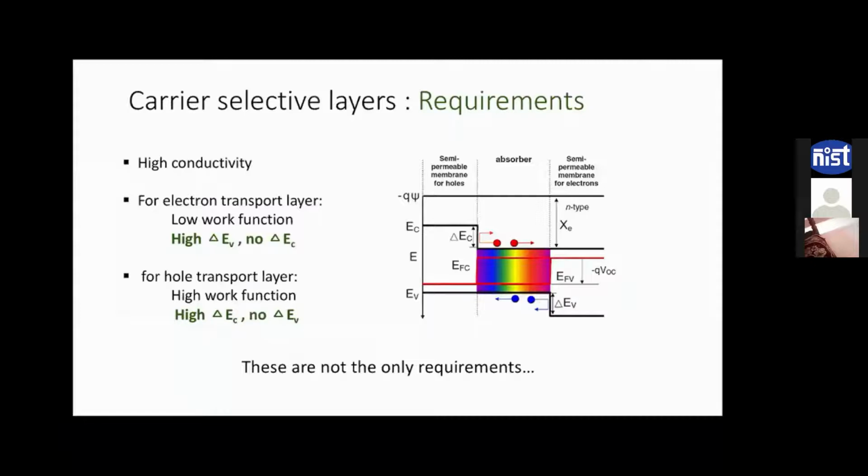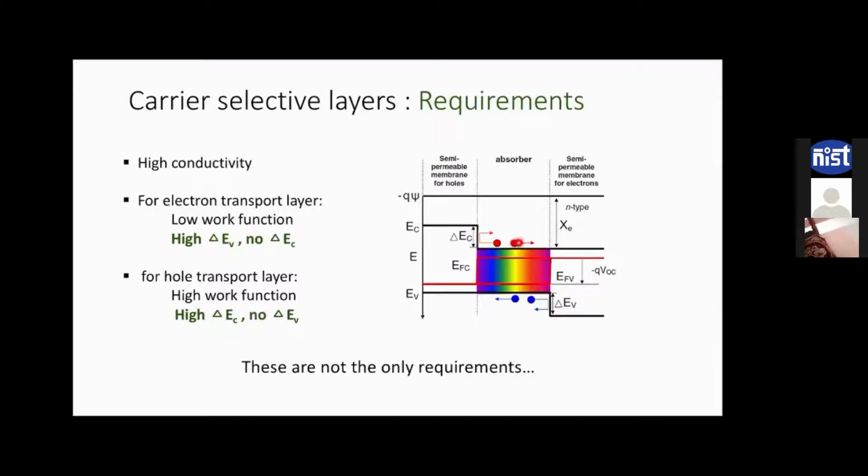Similarly, as we are collecting electrons from this heterocontact, we want the electron to see no barrier across the junction. So we want zero conduction band offset, but we want to block the holes from flowing. So we need a very high valence band offset at this junction.